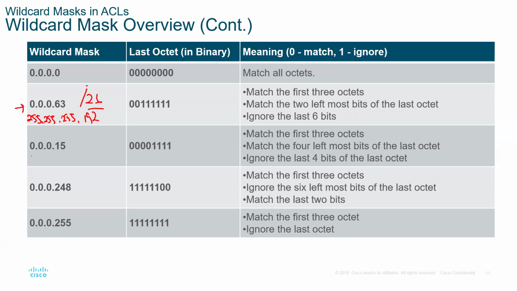And for this one, 255.255.255, then 255 minus 15, that's 240. That's a slash 28, right? So this is a slash 28 network. Then 248, that's a slash 29.